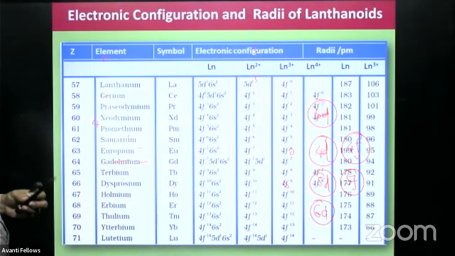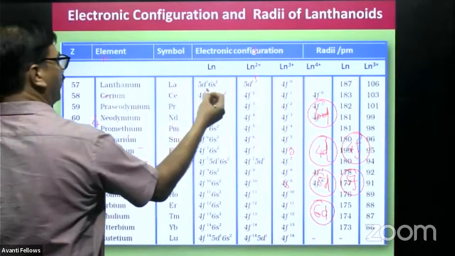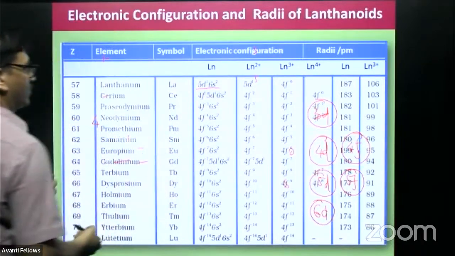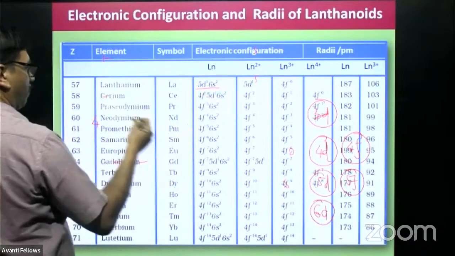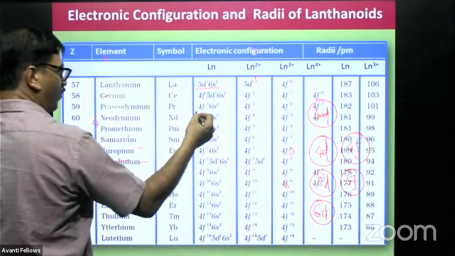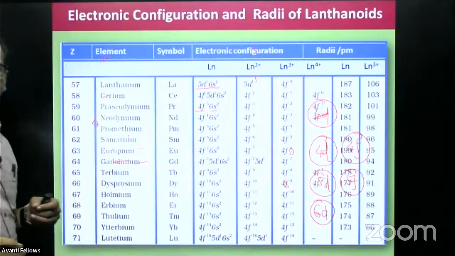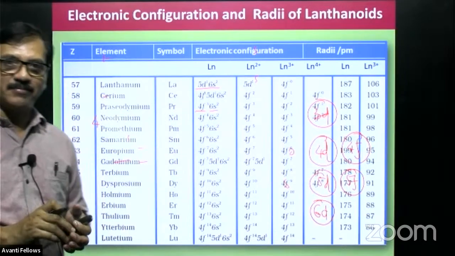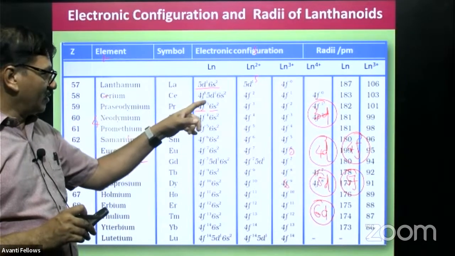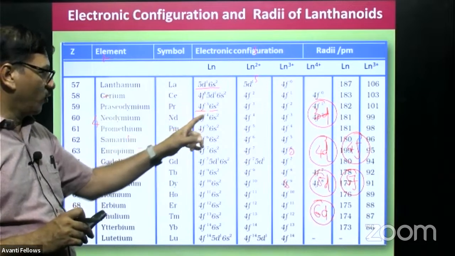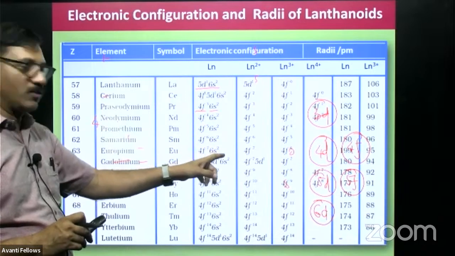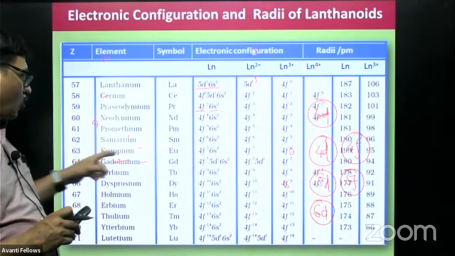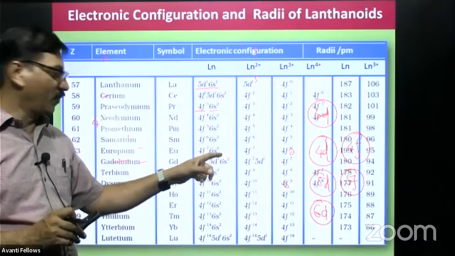Electronic configuration of lanthanum is 5d1 6s2, cerium 4f1 5d1 6s2. Praseodymium is 4f3; it is normal, not pushing the electron to the d. Then the next elements are 4f4, 4f5 6s2, 4f6 6s2, 4f7 6s2. Up to europium, the electronic configuration is normal.